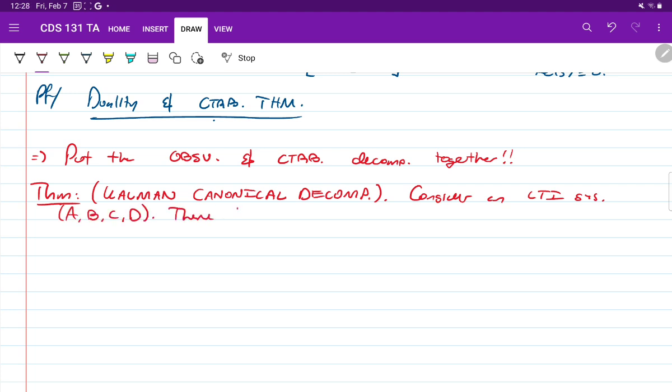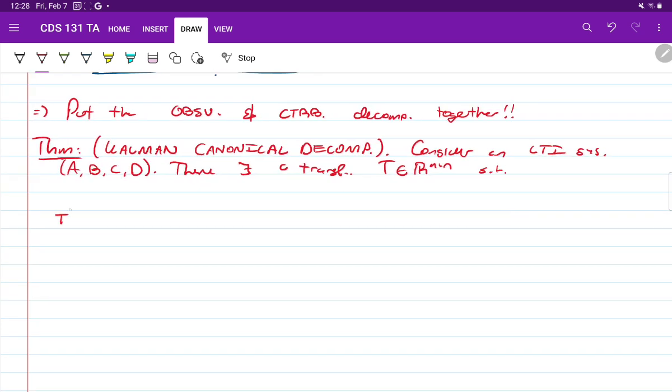Then there exists a transformation T in R^(n by n) for which T inverse A T will be split into A hat controllable and observable, A21 hat controllable but unobservable, 0, then A hat uncontrollable but observable, 0, A hat 43.